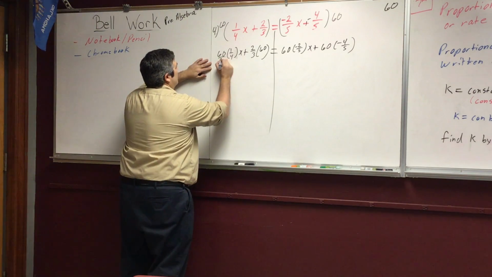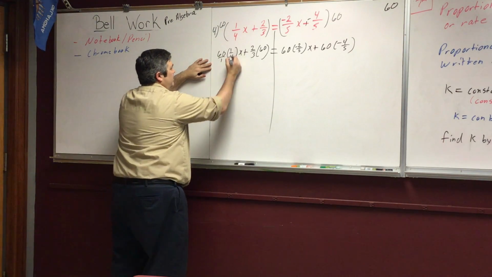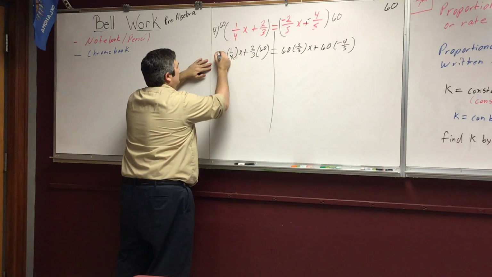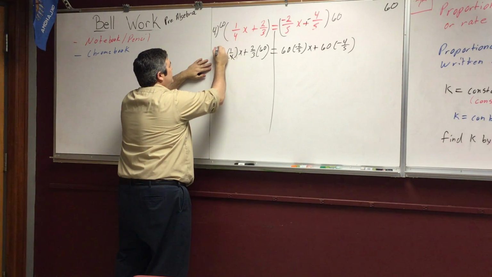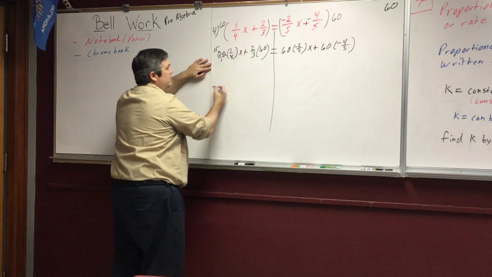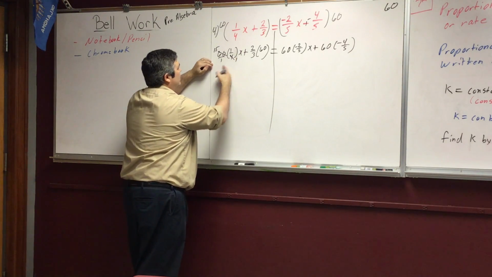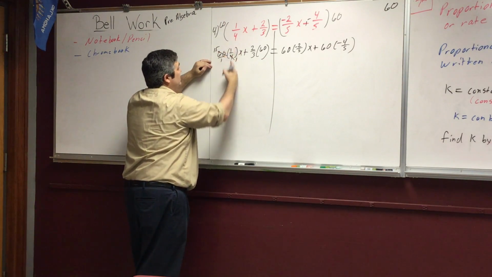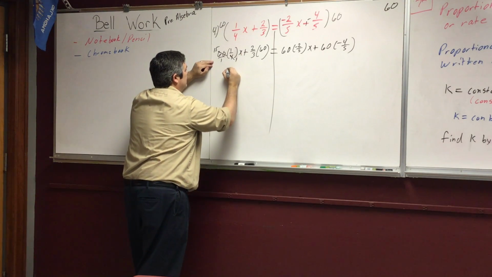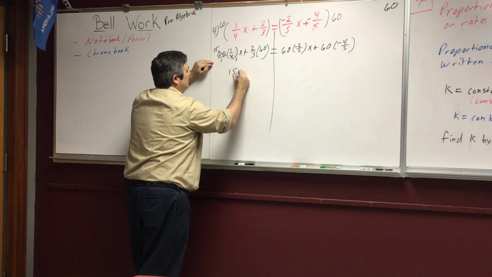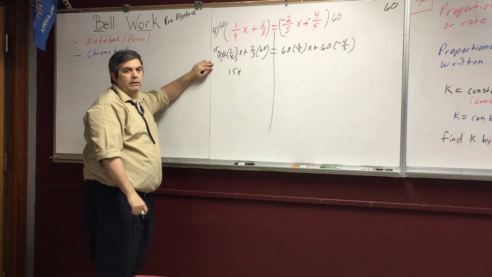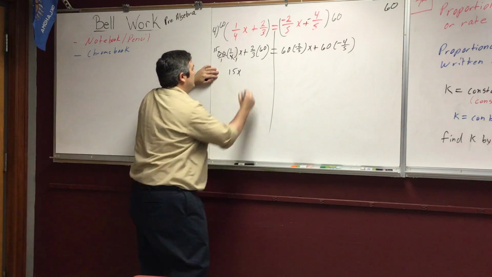Right, over 1, and we cross cancel. Divide by 4. Divide by 4 gets me 15, and 15 times 1 is 15. 1 times 1 is 1. So I got 15 over 1 times x, which is just 15x. Okay, that's how that's working right there.